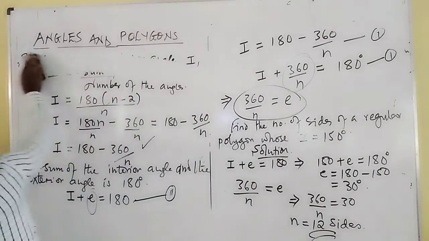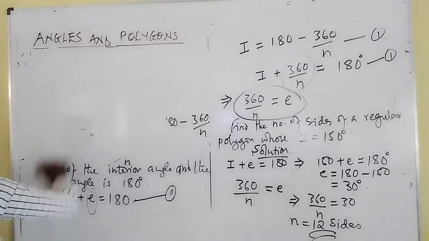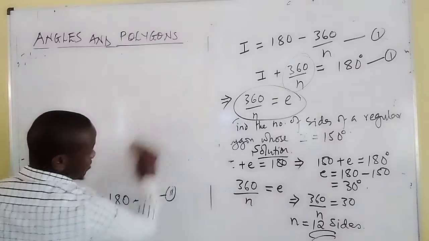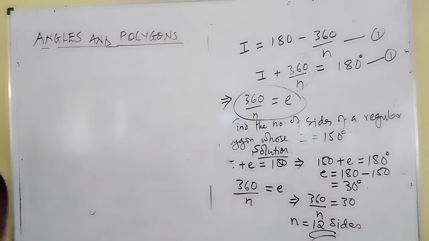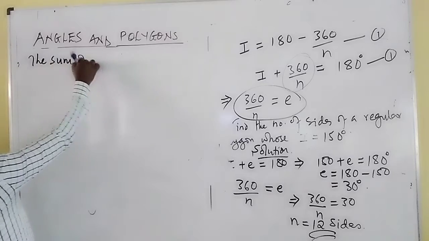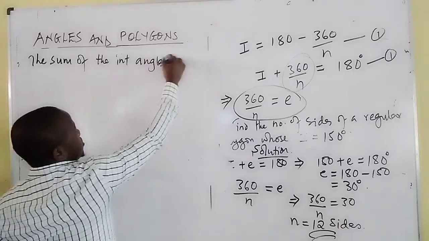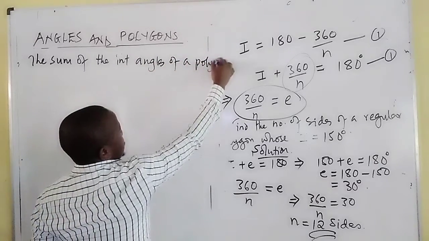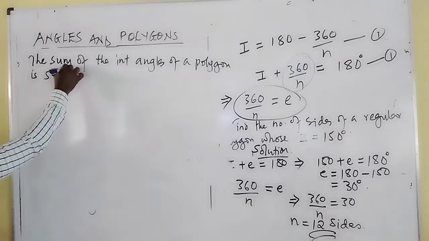Let me give another example. You are told the sum of the interior angles of a polygon is 5400 degrees.